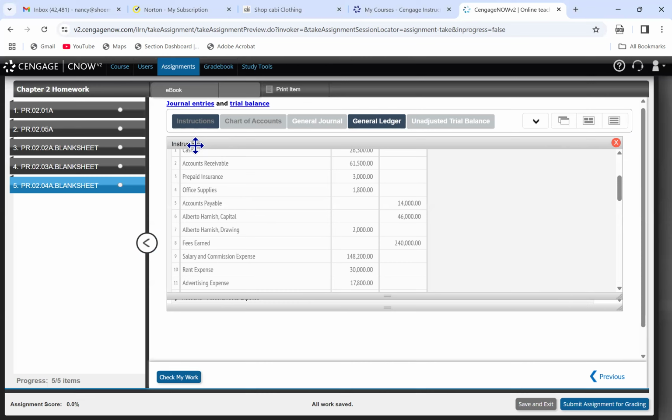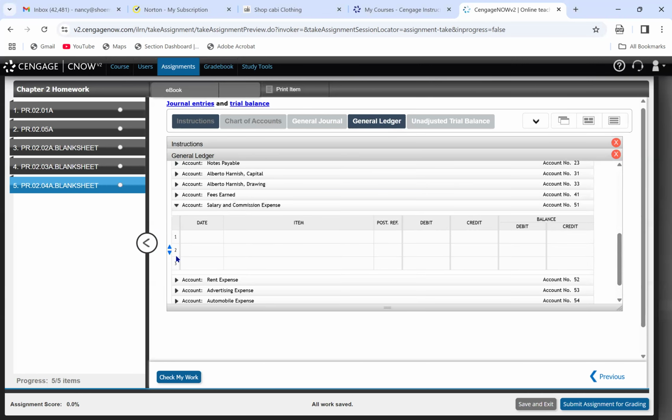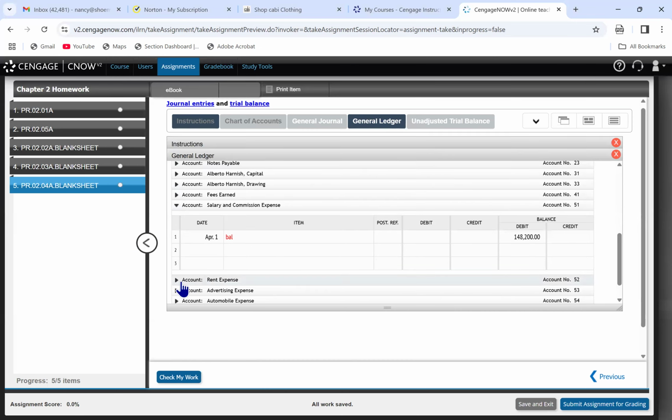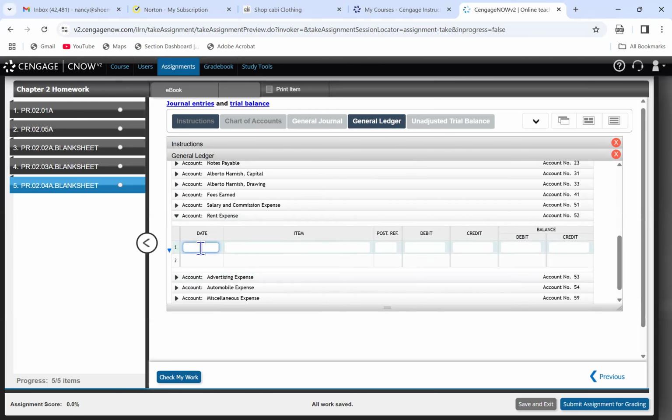Then we've got salary and commission expense, 148,2. Salary and commission expense, that's a debit balance, April 1st. Then we have rent expense of 30,000. Debit balance.